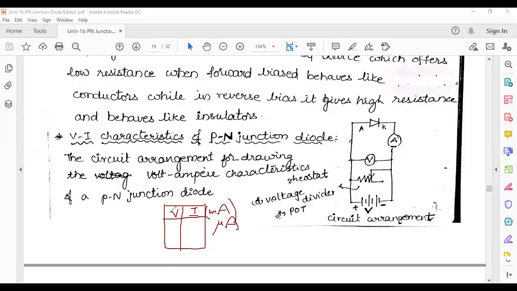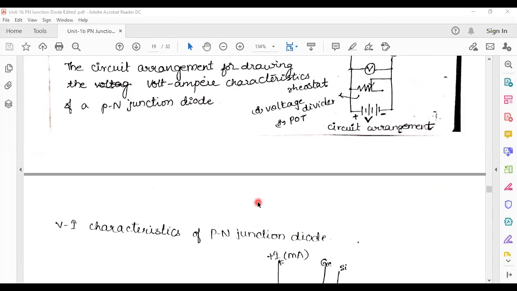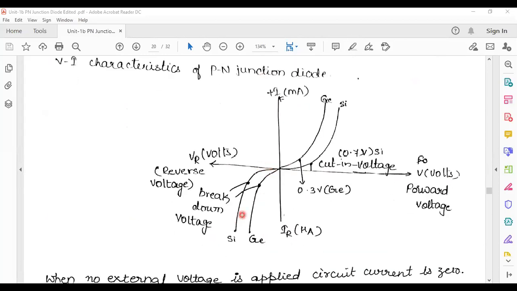If the voltage applied is positive, I can treat it as the positive bias condition. If voltage is applied in the reverse bias direction, I can treat that voltage as the negative bias condition. That is the reverse bias condition. I can tabulate the readings like that. From those VI characteristics readings, I can plot this curve.